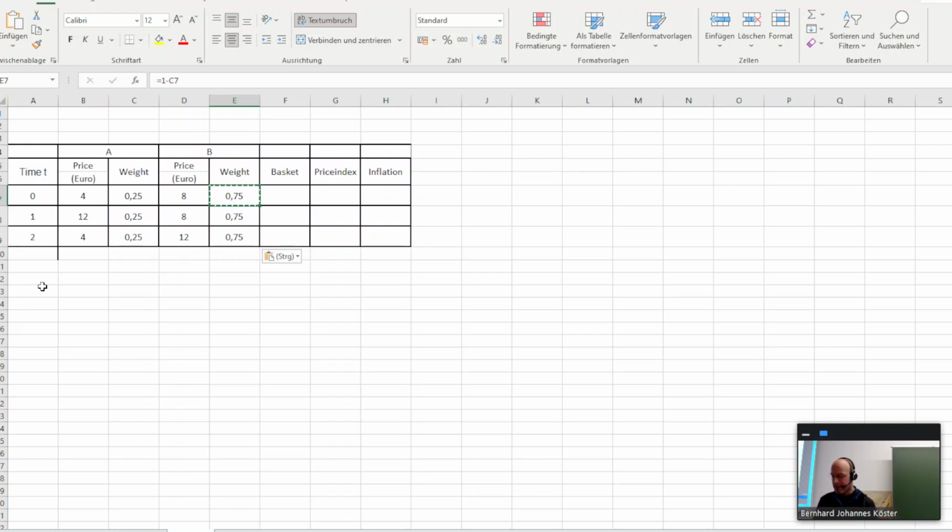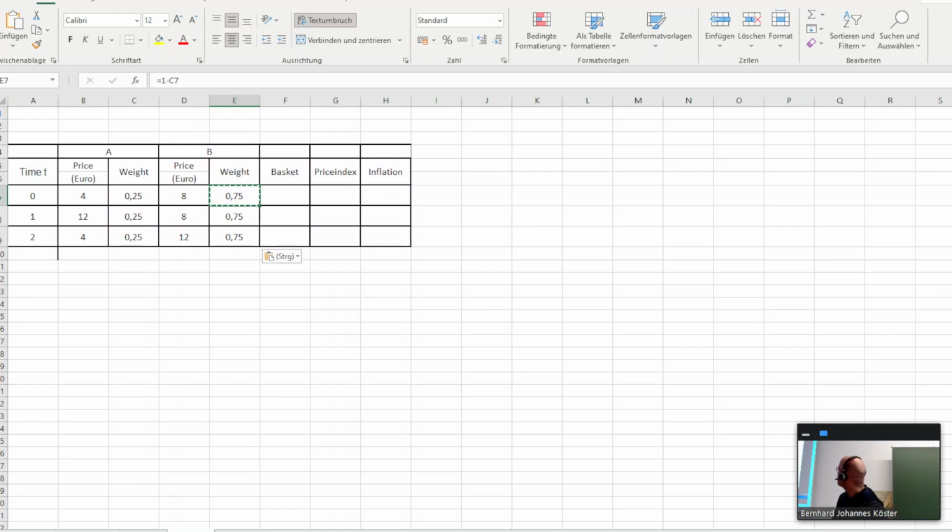Then what we need in order to calculate inflation, task A, is to calculate the value of our basket. What do I have to do? Yes, that we have to do. Where's my mouse? There's my mouse.